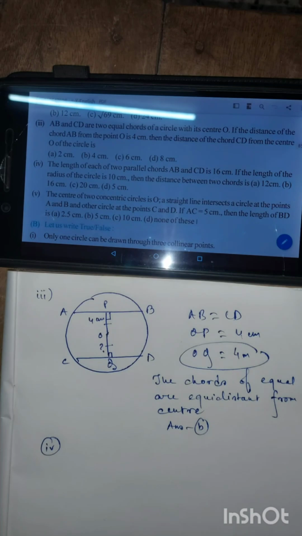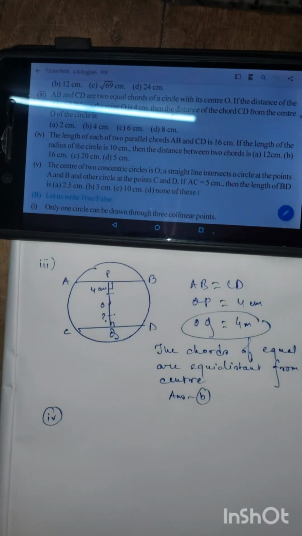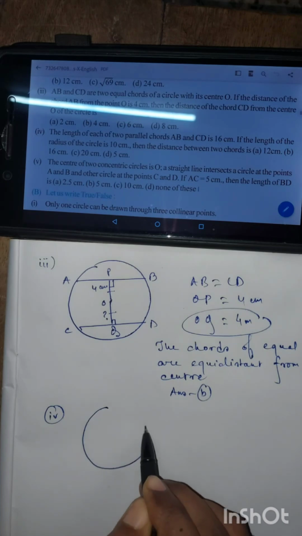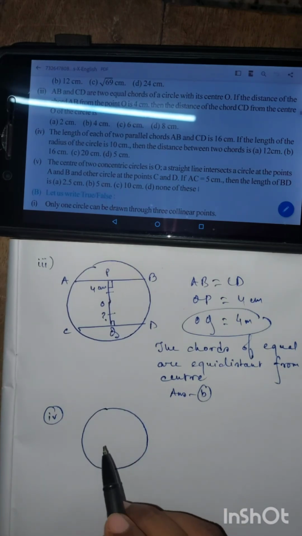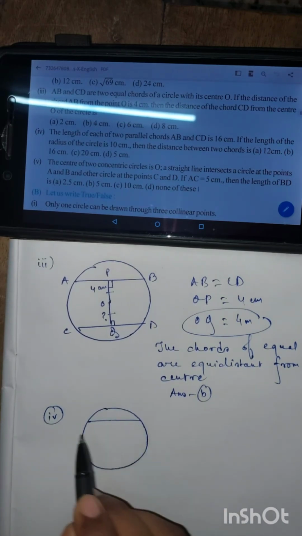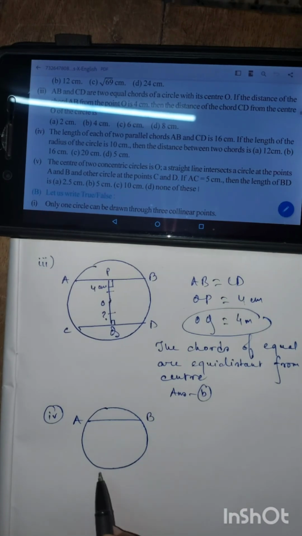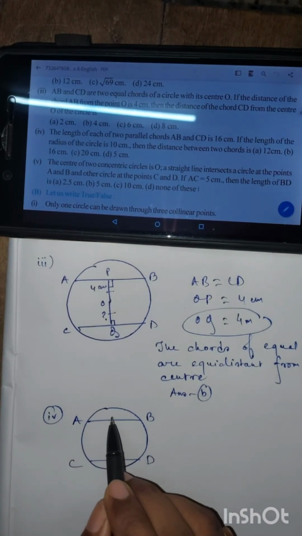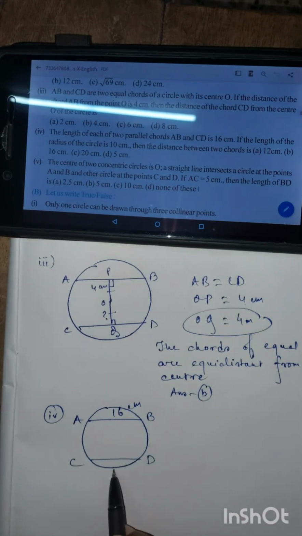It says a circle has two chords AB and CD, which are of equal length. Both are 16 centimeter.